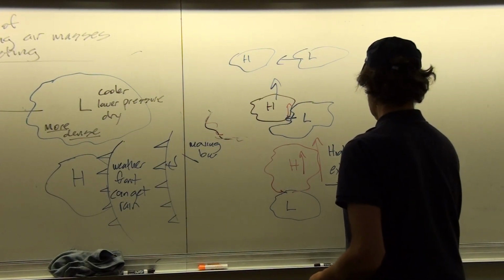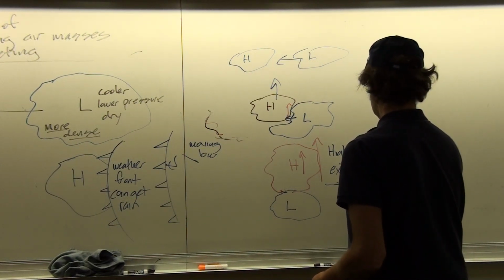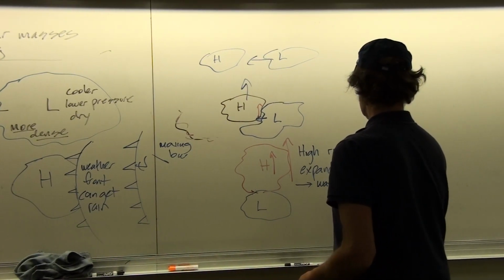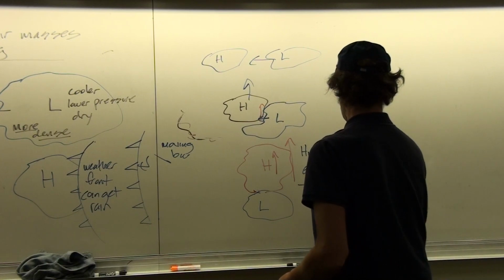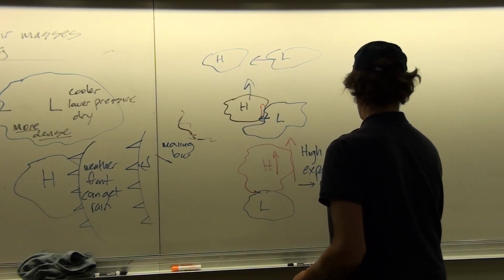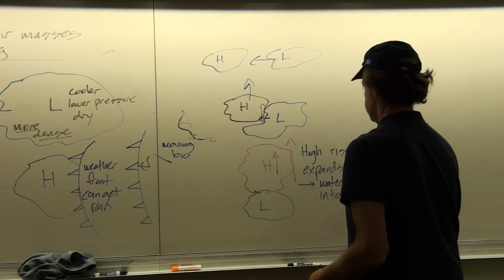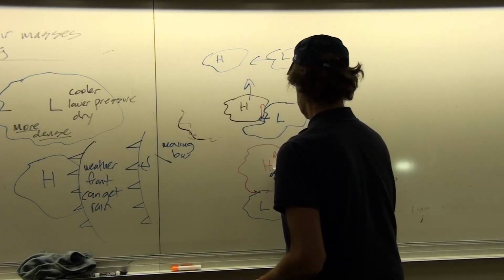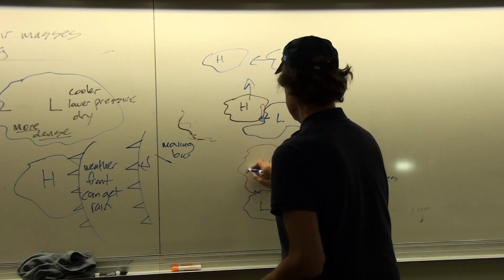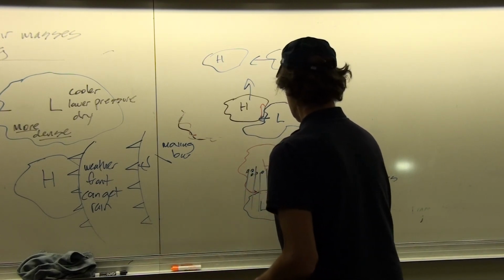This causes water, which was in the vapor state, to condense into droplets. And so we start getting more and more of these little water droplets forming, and finally they get big enough to where they're no longer stable.